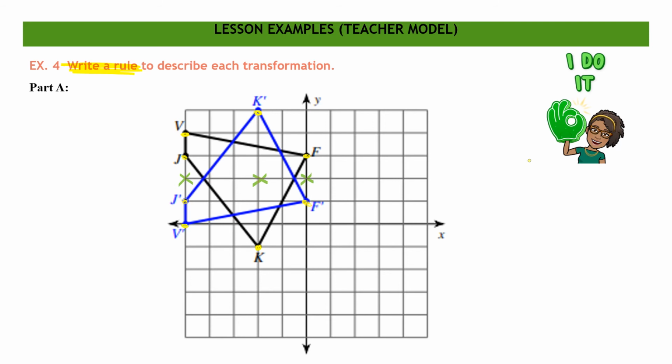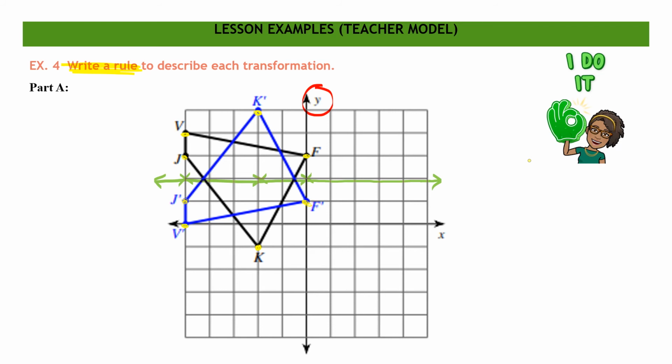So let's go ahead and connect the midpoints. If I connect the midpoints, this is the line that's created. Now we just have to determine how we find the equation of the line to write my rule. I notice that this line is intersecting the y-axis, and we have to determine at what point.